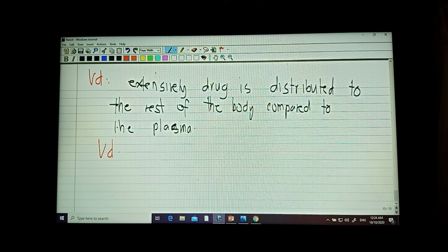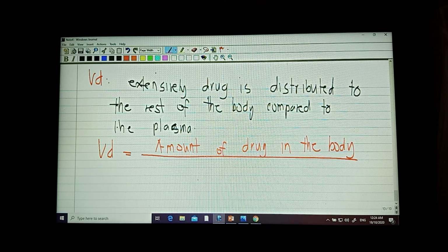Okay, so here's the formula. Volume distribution is equal to the amount of drug in the body divided by your plasma concentration. Okay, so that's the formula.